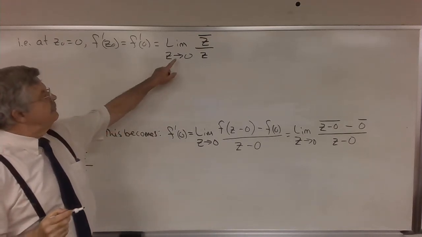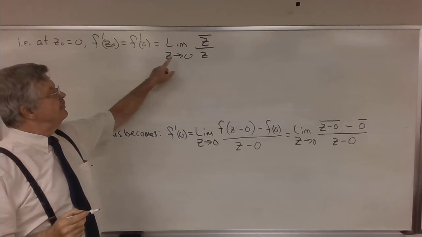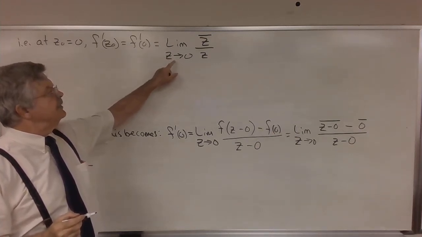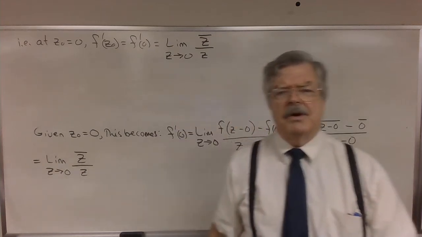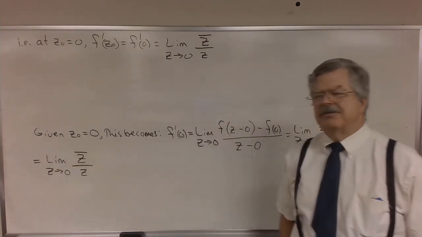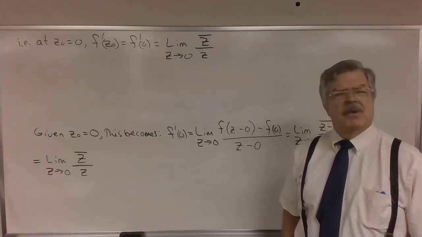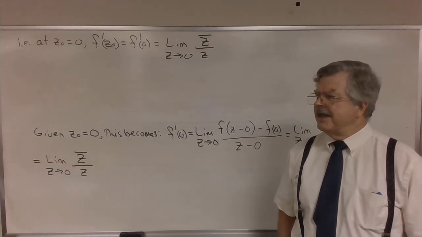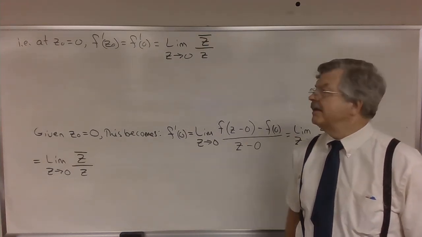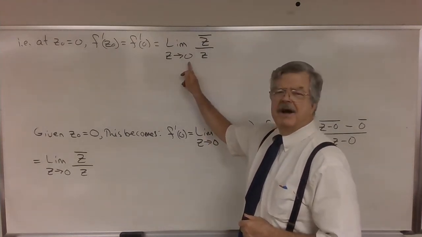So this is the derivative that we're computing. f prime of 0 is the limit of this function as z goes to 0. And from the work that we did with limits in the last lecture, if we want to show that the limit doesn't exist, then we pick two different paths for z to approach z naught.